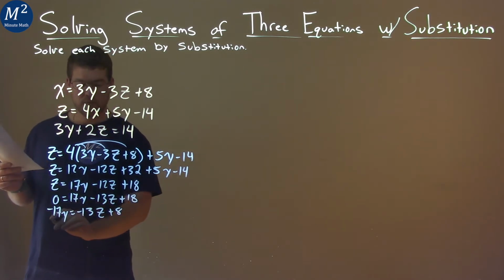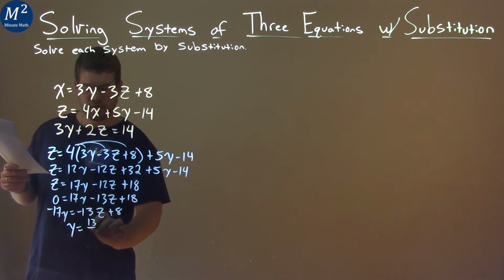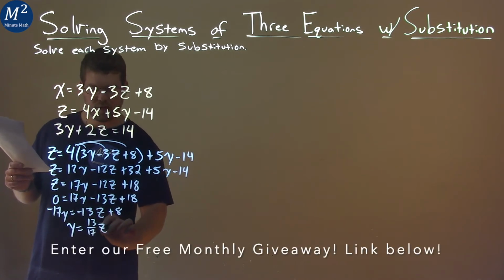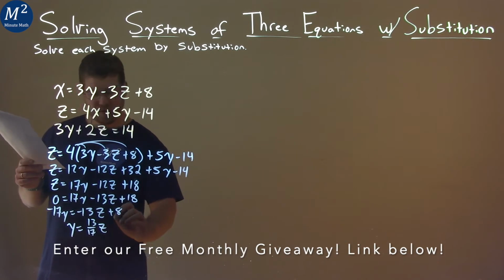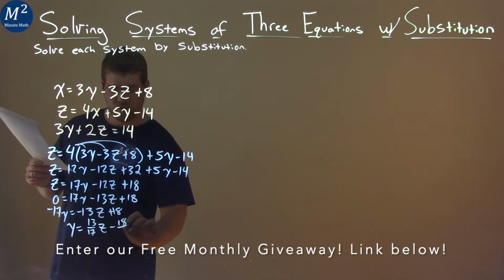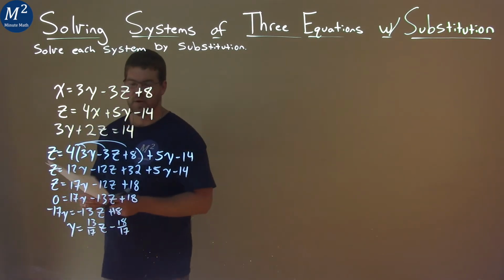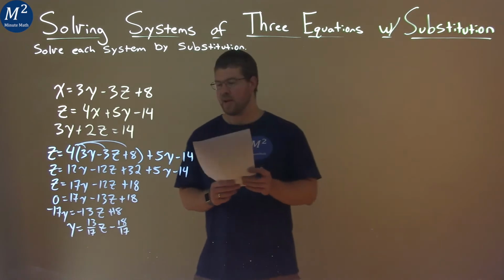And dividing both sides by negative 17, y is completely by itself here. And negative 13 divided by negative 17 makes it a positive, so we have positive 13/17 z, minus, oh, this is 18, whoops, messed up there, minus 18 over 17. All right, so we have y by itself. It's kind of a gnarly equation, but we gotta keep going.